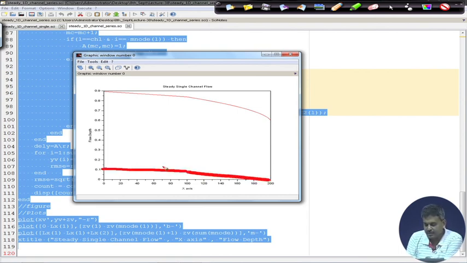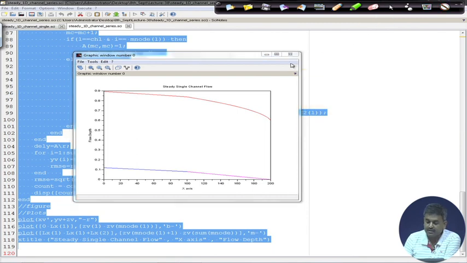Initially it was milder, now it is a mild slope, and obviously we can see one change in profile at this junction point, but there is continuity at the junction point. So, we have calculated or estimated the flow depths for different sections.